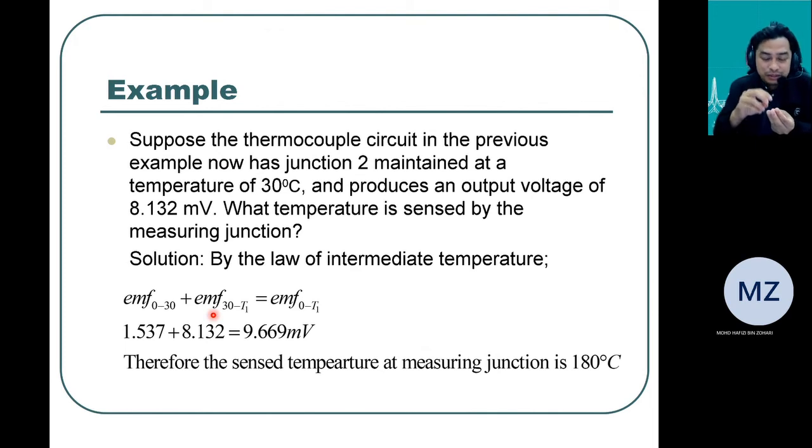But the measuring junction, we don't know the value. The reference junction is showing 30 degrees. Because the table is made for a junction in an ice bath at 0 degrees C, we need to add more to the value. So with 30 as the reference to the measuring temperature, the EMF is given as 8.132 millivolt.